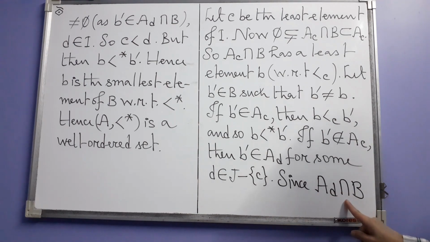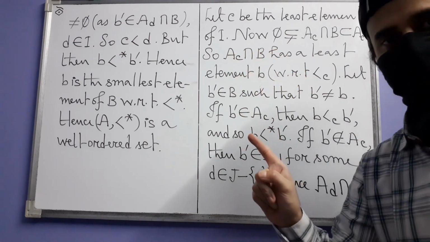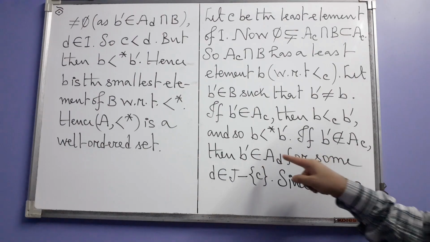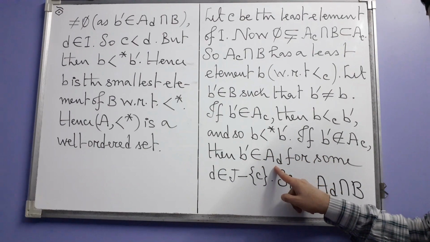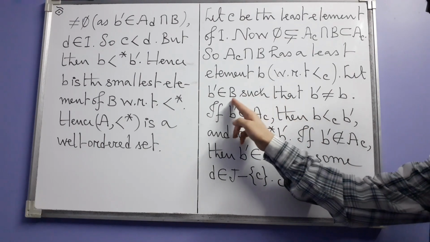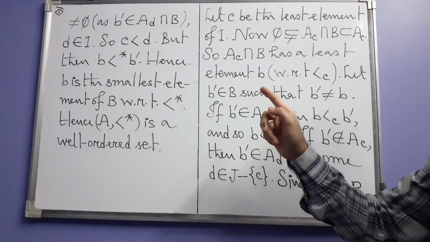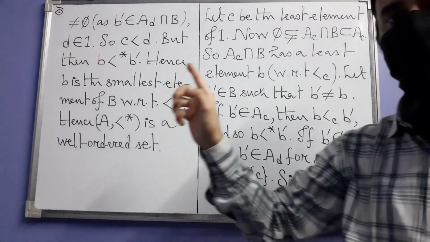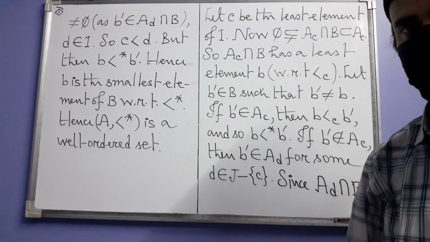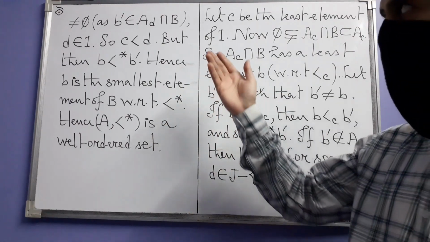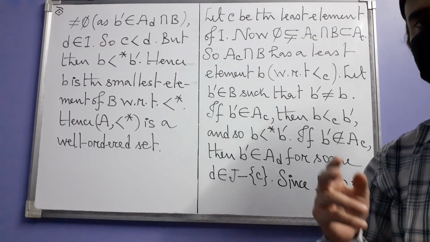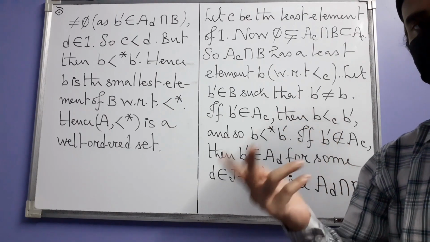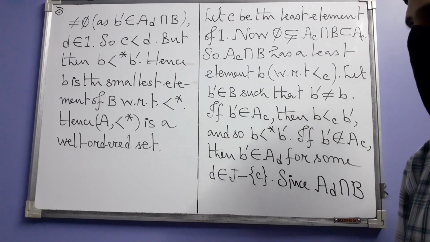Since AD intersection B is non-empty. Why? Because our b prime is in AD and b prime of course is also in B, and that is why D belongs to that set I of indices, which consists of this type of indices alpha for which A alpha intersection B is non-empty.